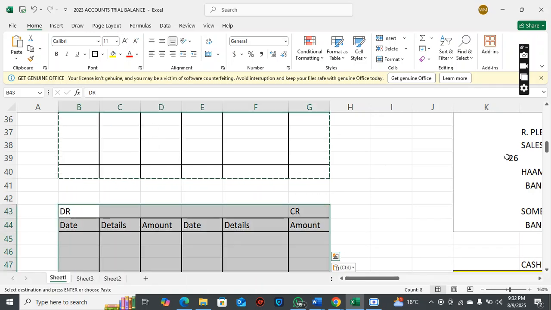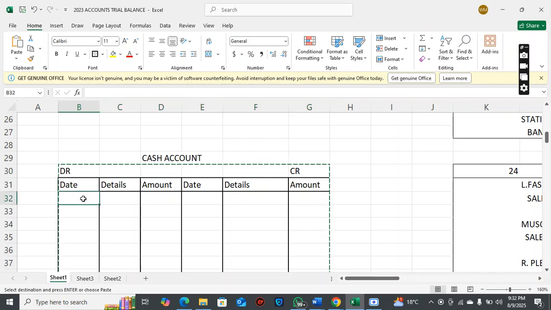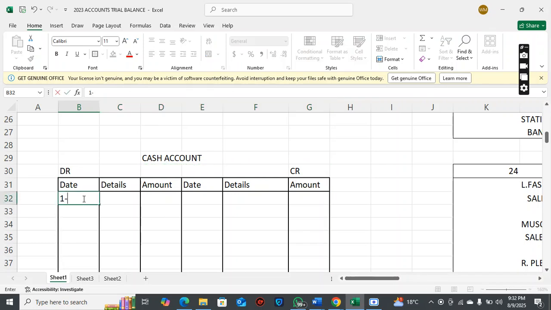So on the ledger here, on the debit side, for the date you're going to put 1st January. Details, the other account which was in this transaction. So you put capital. Capital was the other account involved in this transaction. Amount, 205,000 kwacha.